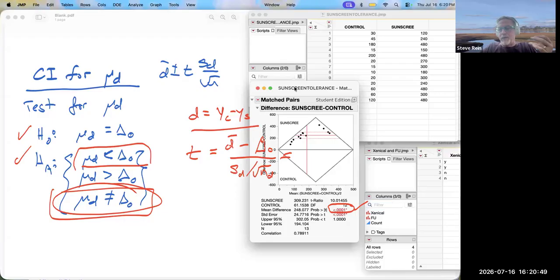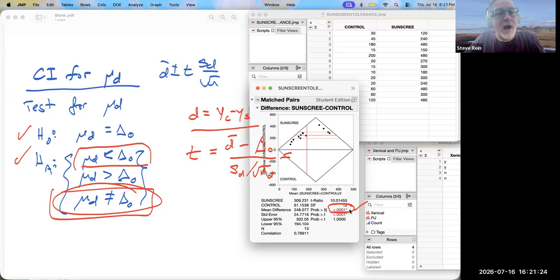The definition of the p-value says if in fact mu d is exactly zero, if delta naught was zero, if there is no difference at all between the sunscreen and the control, then in less than 1 out of 10,000 samples would I see a difference as extreme as this one. Our mean difference was like 250 minutes. That would just not occur by luck alone. We're saying the chance of that occurring is tiny.